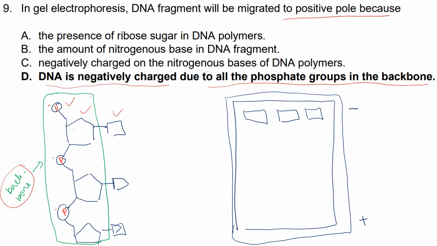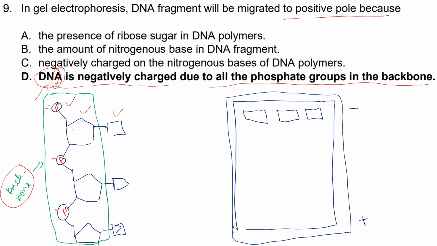The phosphate part of the backbone is actually negatively charged. That's why DNA is called deoxyribonucleic acid, due to the negative charge of the phosphate.